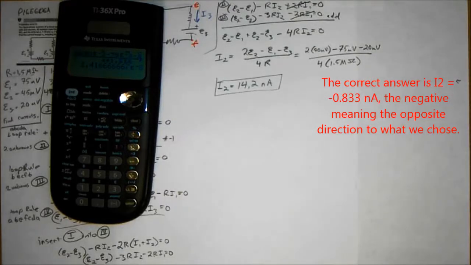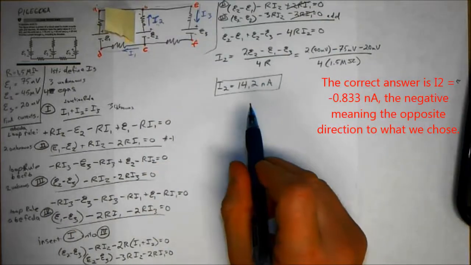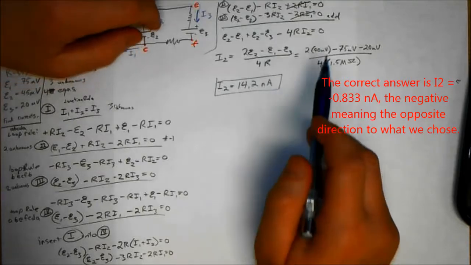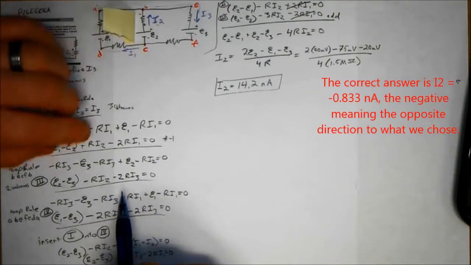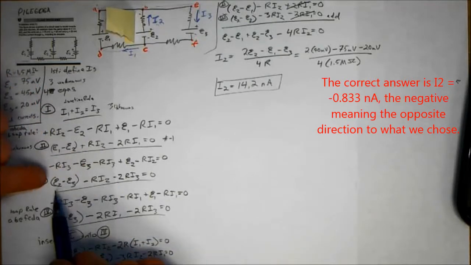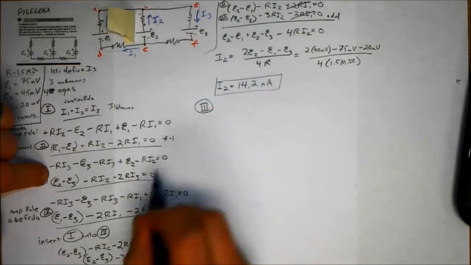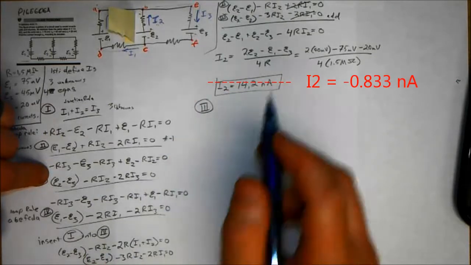So what about I1 and I3? Well, I can go back to one of these equations. One of these has R3 in it and I2 in it. So equation 3, that's the one we're going to look at, because it has I2, which we just found, and I3, which we're looking for.